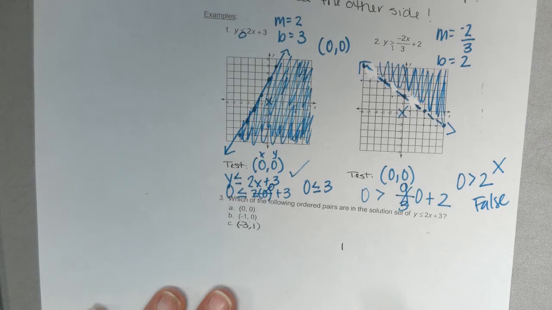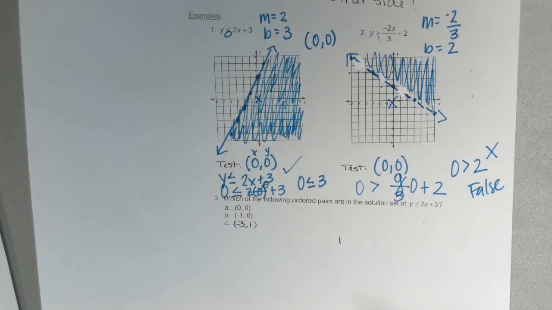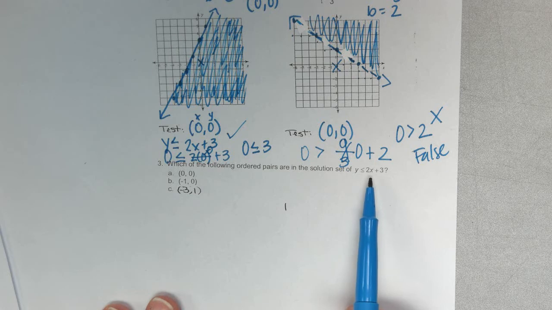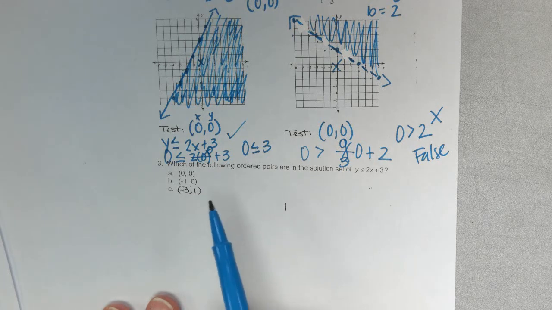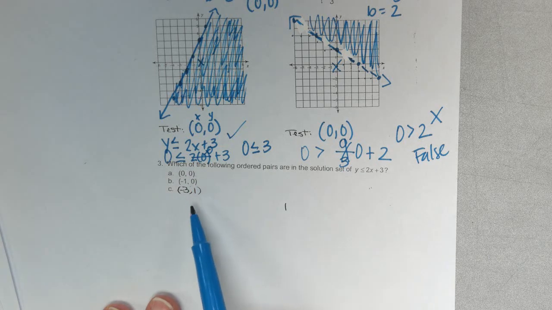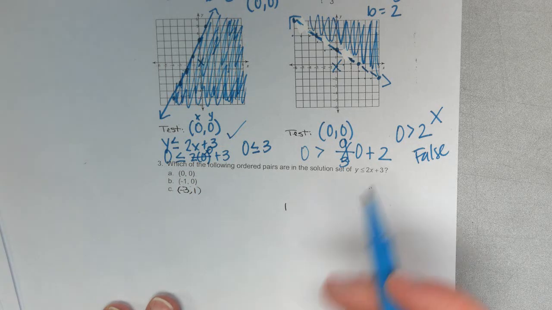Alright, so let's look at number 3. Which of the following ordered pairs are in the solution set of y is less than or equal to 2x plus 3? So what we can do is just guess and check. We're going to plug in each one and see if it checks out or not. So 0, 0.